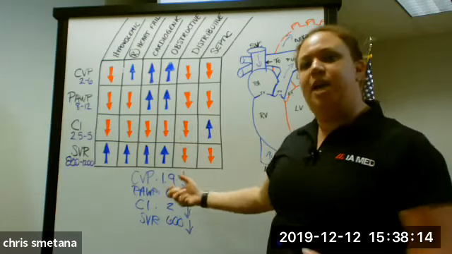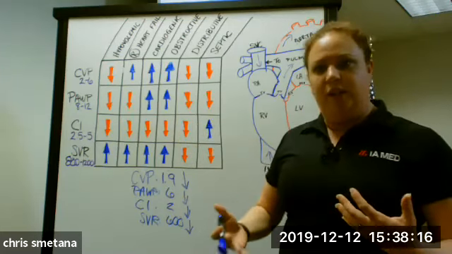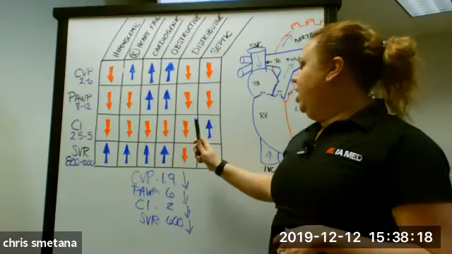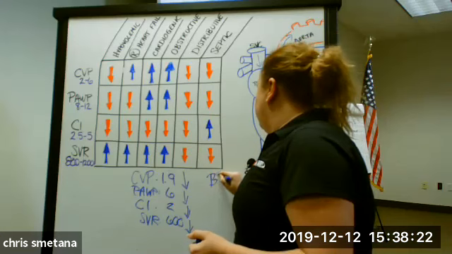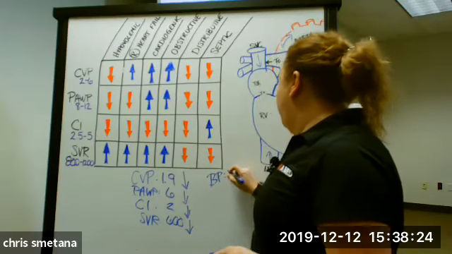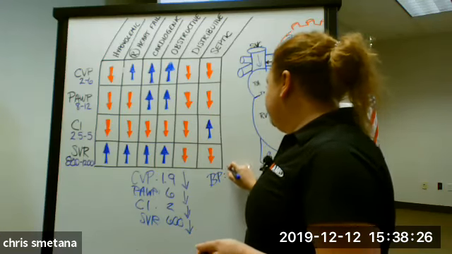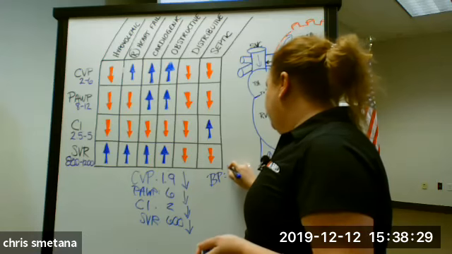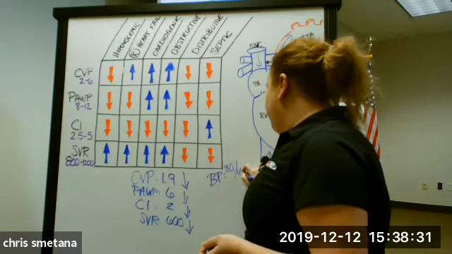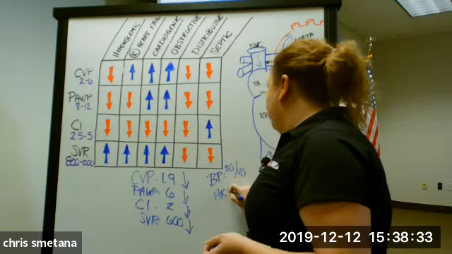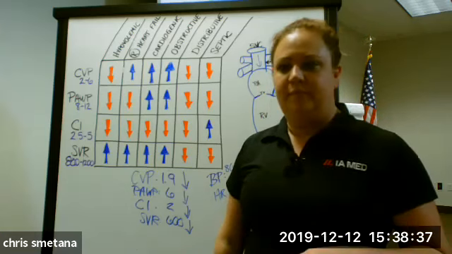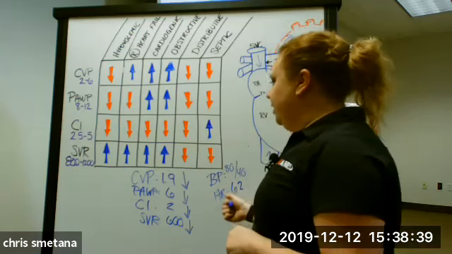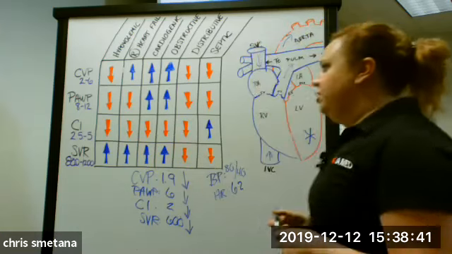For distributive shock, I would want to look a little bit more into the question. If I said my blood pressure, we'll throw some more values in here, is 80/40, and my heart rate is hanging out at 62, that's absolutely going to nail me into neurogenic shock.